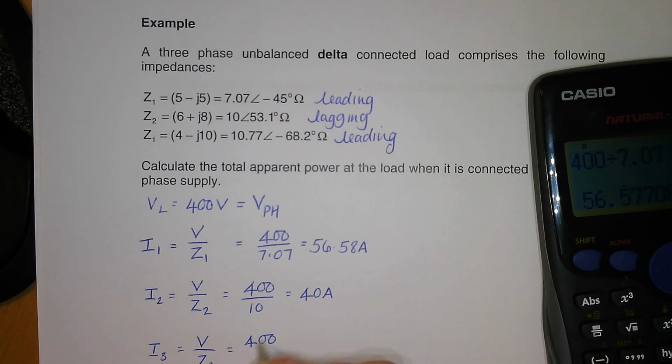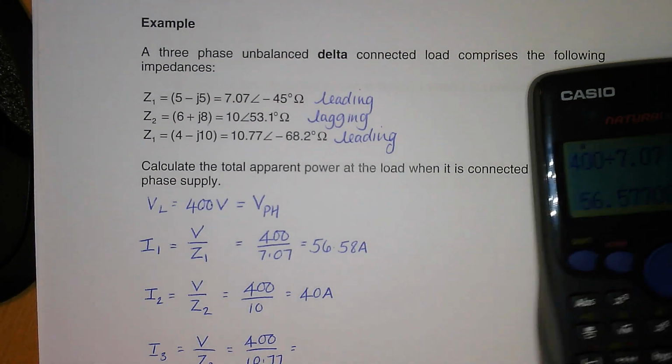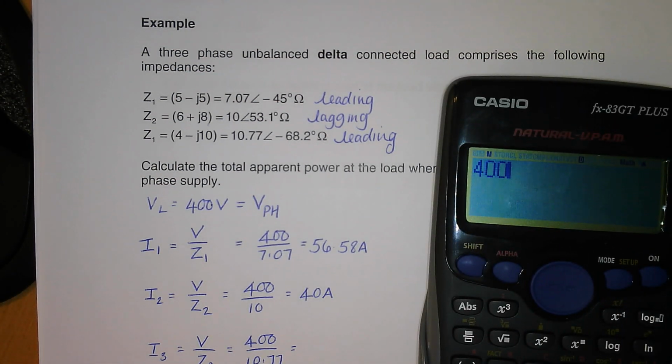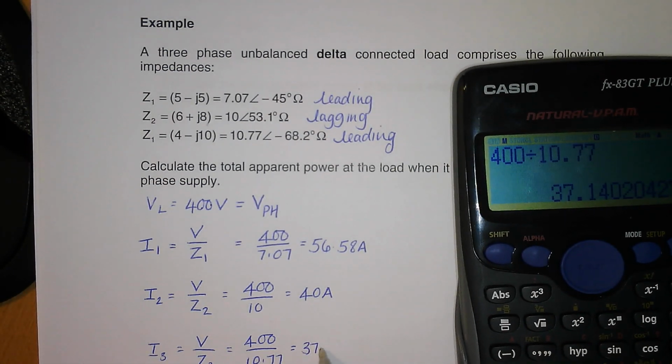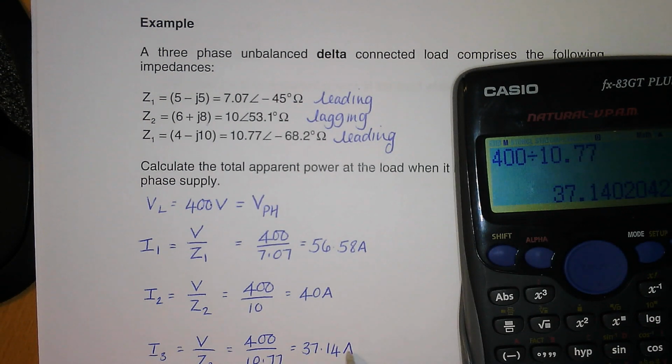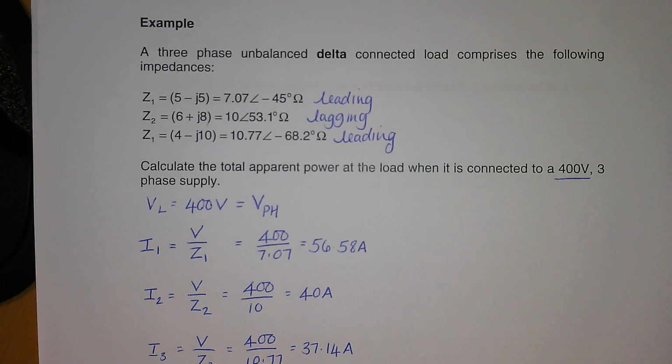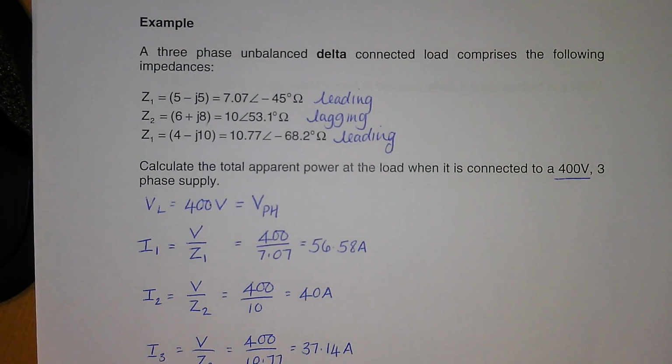And for I3, 400 over 10.77. And that's your three currents that you're interested in.